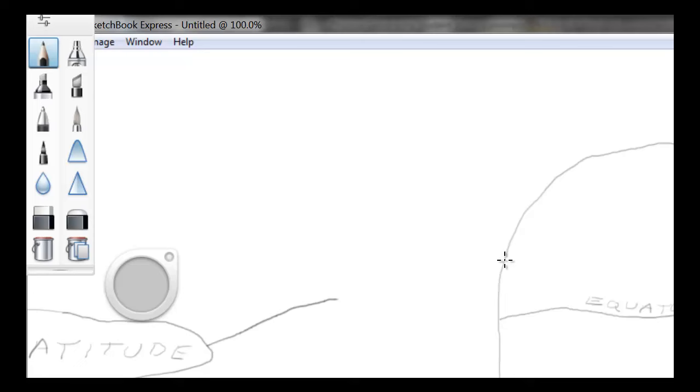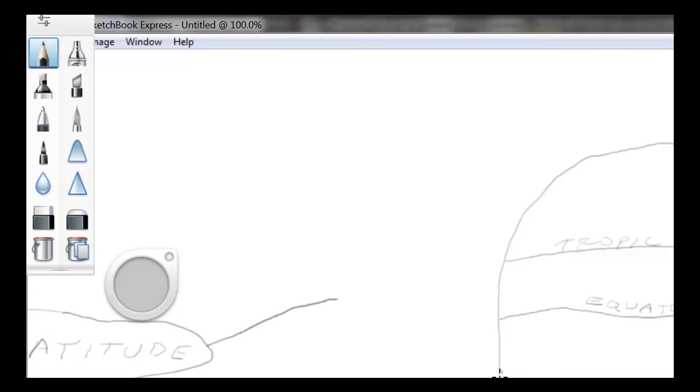This next important line of latitude is your Tropic of Cancer. And one of the things that helps me remember this is I just think about how everyone is focused on Cancer here in the States. 23.5 degrees north is that line of latitude.